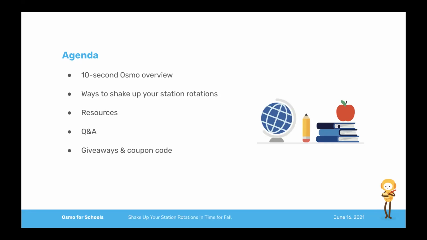You can do STEAM, maker spaces, all kinds of things with station rotations. Then we'll talk about some resources where you can learn more about Osmo and how to use it. We'll have our Q&A, then our giveaways, and I'll go over how you can use the coupon code for attending this webinar.